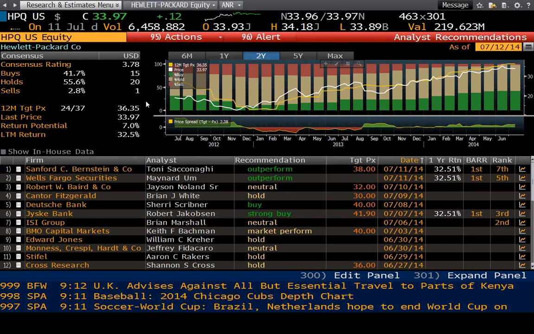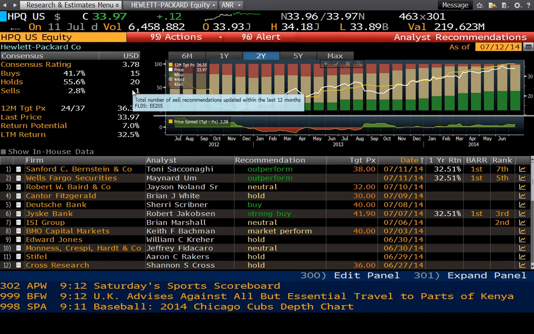And what's interesting is many of their price targets are between the low 30s and $40 a share. Again, right now they're at $34 a share. Most people are in the hold category. There are a few buys and one sell in this marketplace.